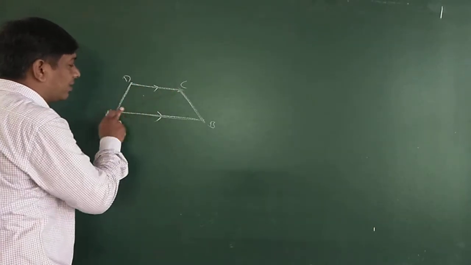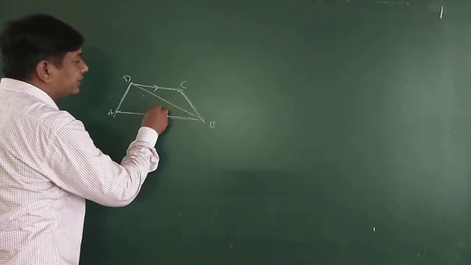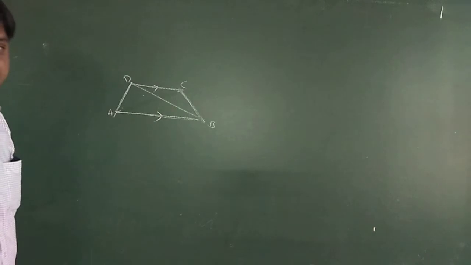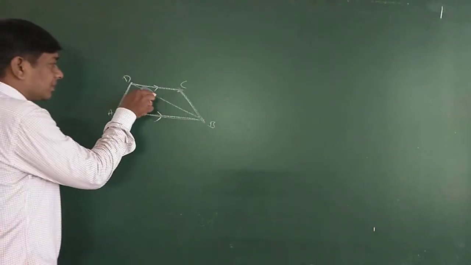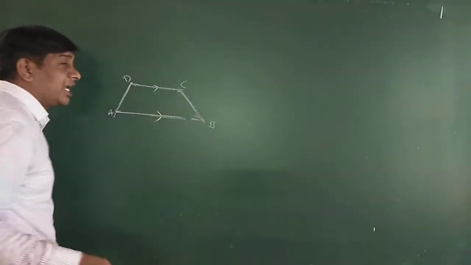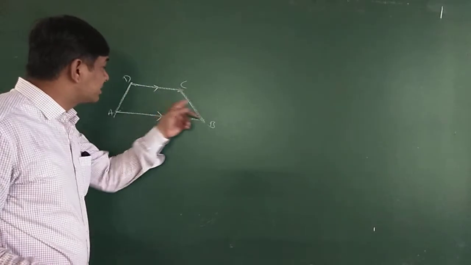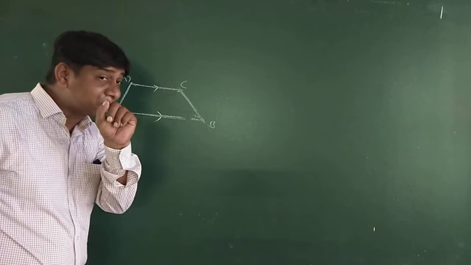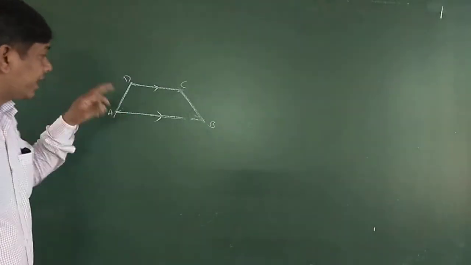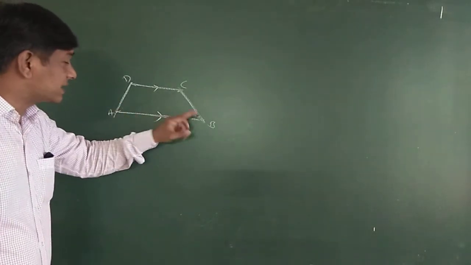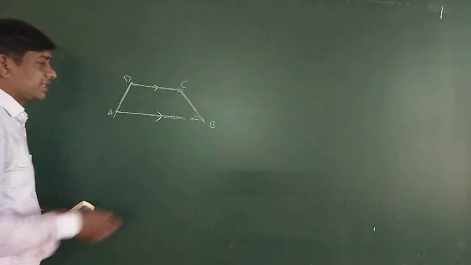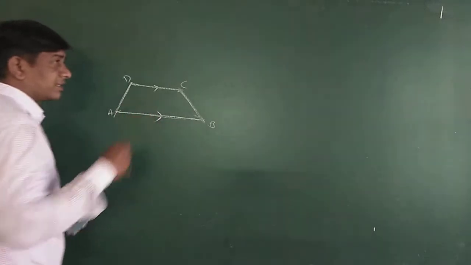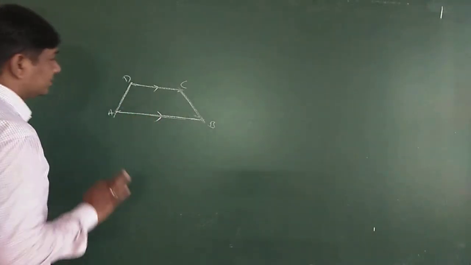Again, if I draw BD, these are another two triangles. Now, see here, if the non-parallel sides are equal, then it is called an isosceles trapezium, I said. In an isosceles trapezium, the base angles are equal. Those we'll discuss later. Okay, I'm just revising the concept of polygons here.